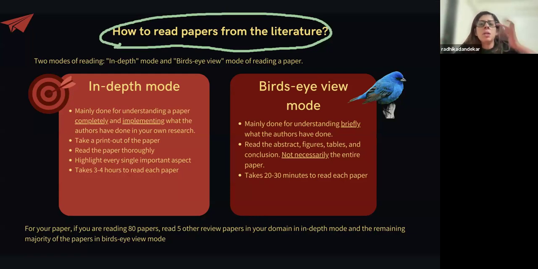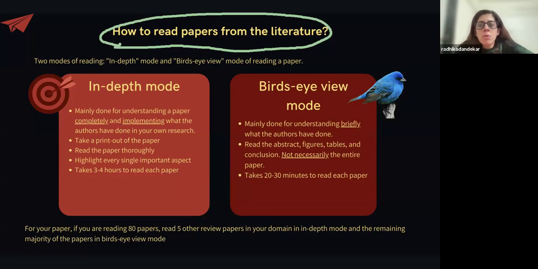But it's important to note that you don't need to read every paper in the in-depth mode. For the first 20 to 25 papers, it's important that you read in the in-depth mode, and for the remaining 25 to 30 papers, it's fine if you read them in bird's eye view mode.